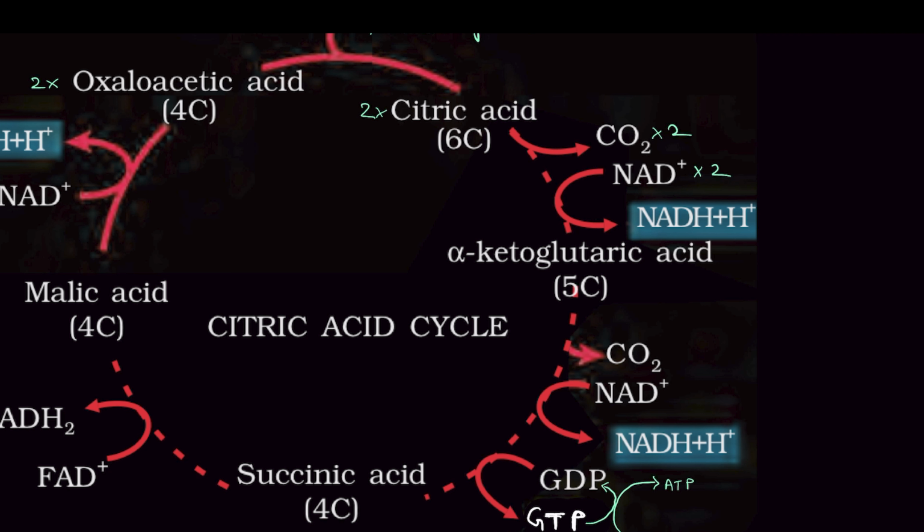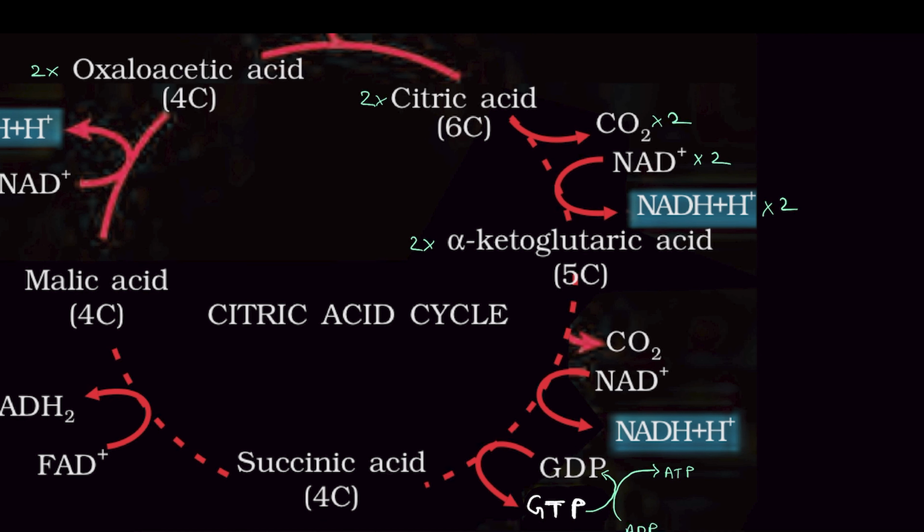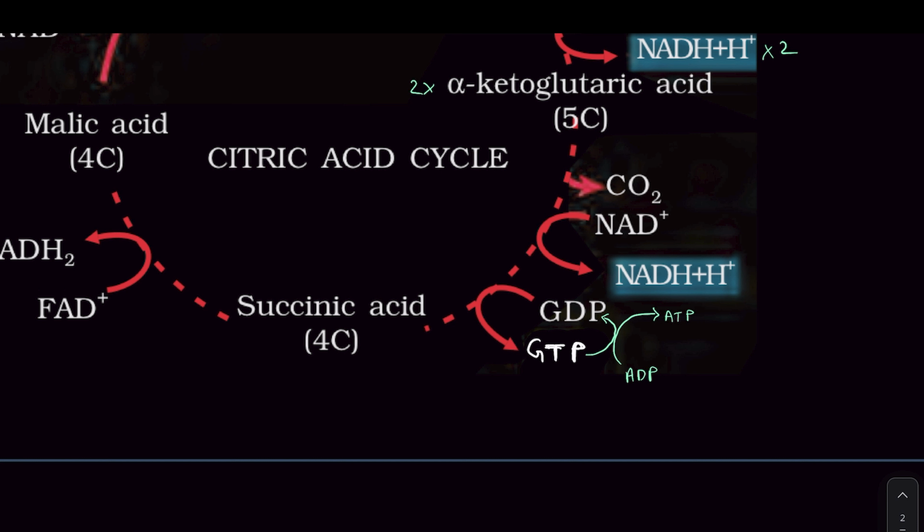2 molecules of NAD plus will get converted into 2 molecules of NADH plus H plus to get 2 molecules of alpha ketoglutaric acid. These 2 molecules of alpha ketoglutaric acid will also give out 2 molecules of carbon dioxide, and 2 molecules of NAD plus will get converted into 2 molecules of NADH plus H plus.